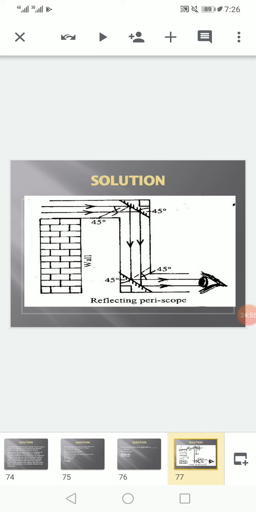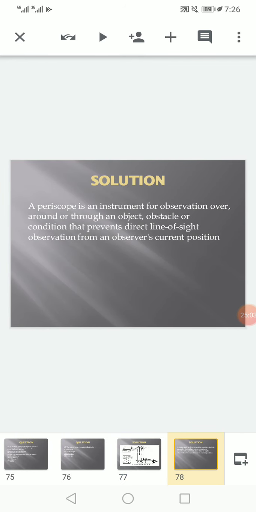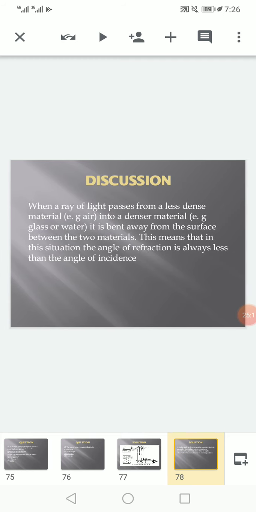A periscope is usually constructed using mirrors, which are always inclined at an angle of 45 degrees. A periscope is an instrument for observation over, around, or through an object, obstacle, or condition that prevents direct line of sight of observation from the observer's current position.